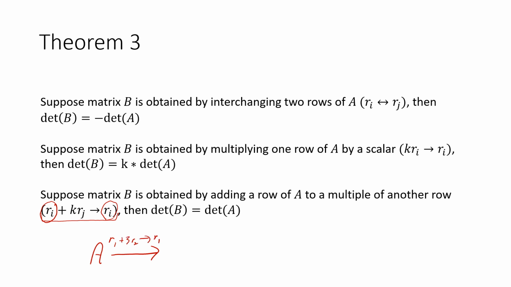That's valid because the coefficient of row 1, the coefficient of the row you're replacing, is 1. It can't be -1. It can't be anything other than 1. So be careful about that when you're using row operations to find determinants.